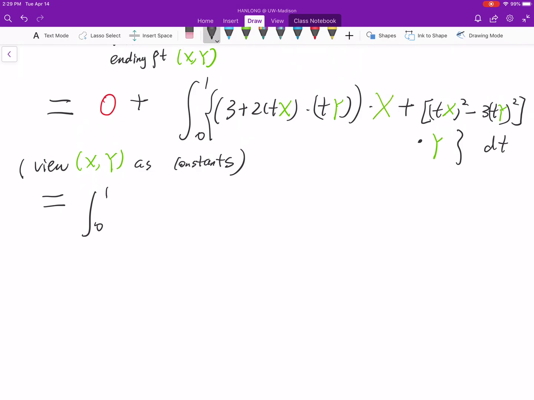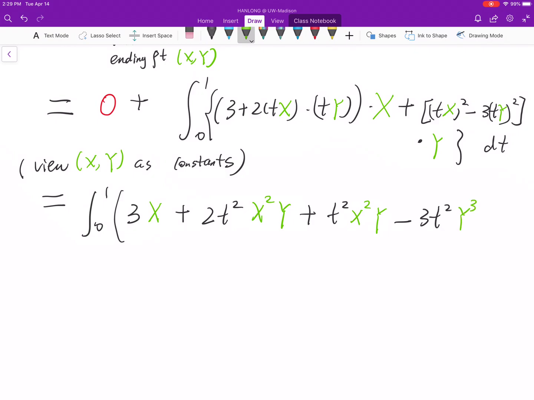So first you have 3x plus 2t squared x squared y plus t squared x squared y minus 3t squared y cubed dt. Okay, then what do you have?